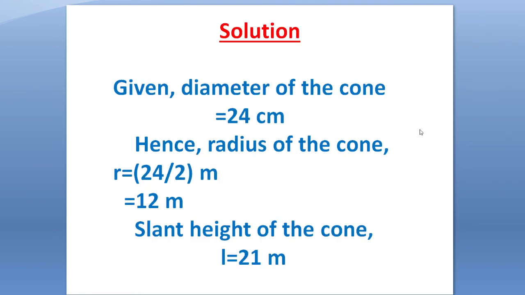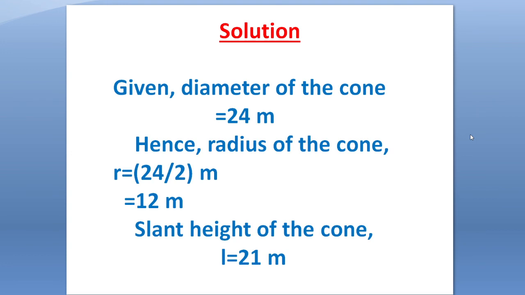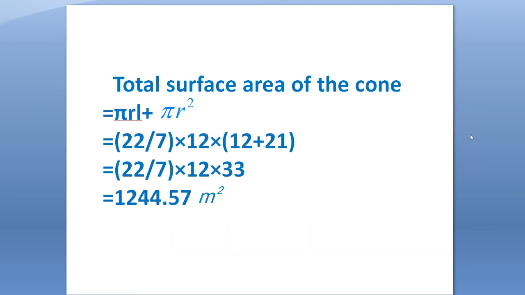See here it is given in meter. So r is equal to 12 meter and the slant height of the cone L is equal to 21 meter. So the total surface area is pi r L plus pi r square.